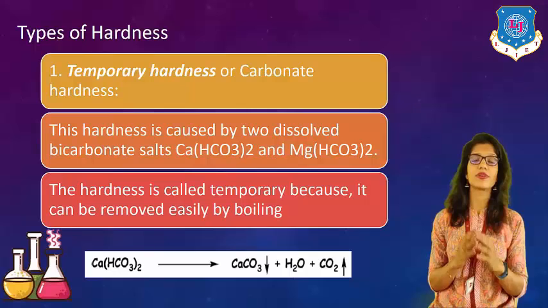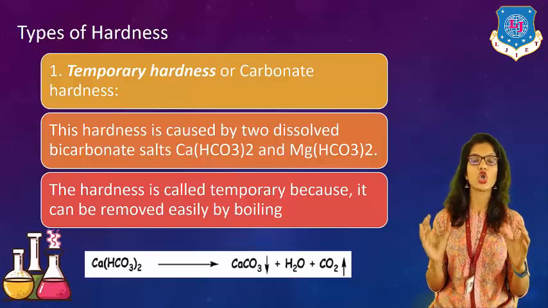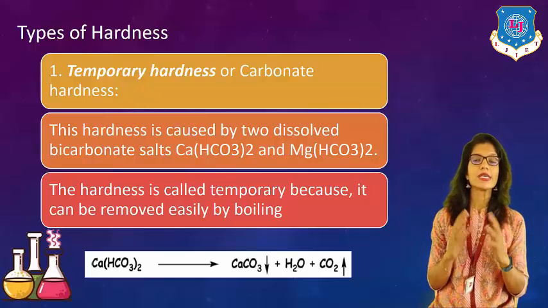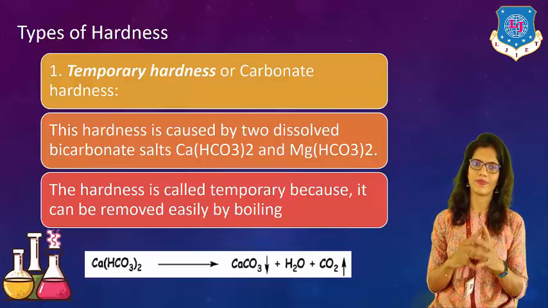When it gets converted into CaCO3, it forms an insoluble compound, right? So it can be easily removed by boiling. We can easily separate out CO2, H2O and CaCO3.